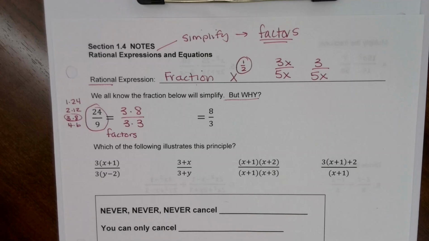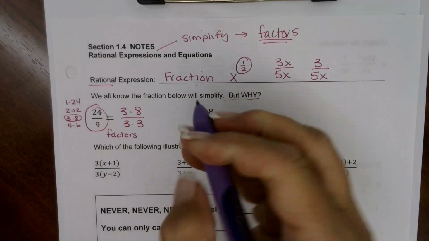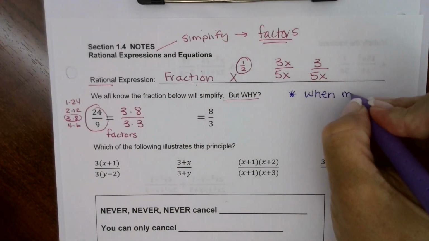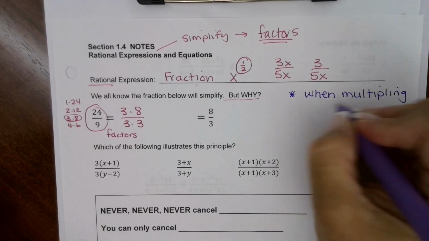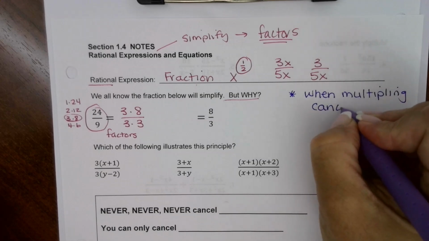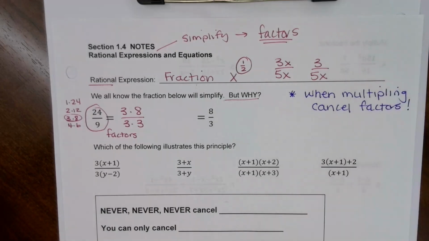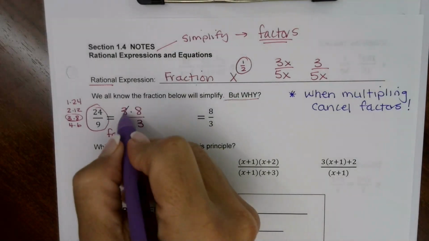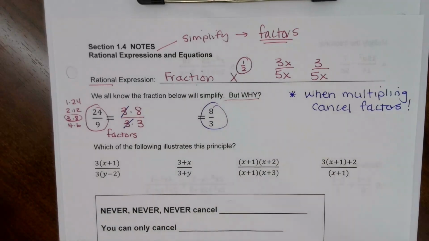And so when we look at this, 3 times 8, I see now I'm multiplying. So when we're multiplying, we can cancel factors. Okay, so that's what I have here. 3 times 8 over 3 times 3, I'm multiplying, so I can cancel my 3's here, and I'm left with 8 over 3.